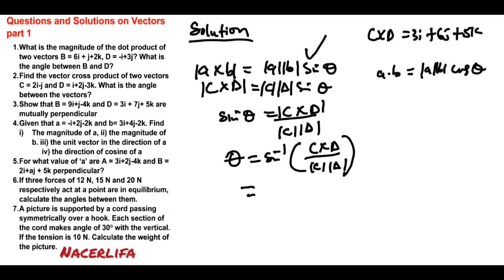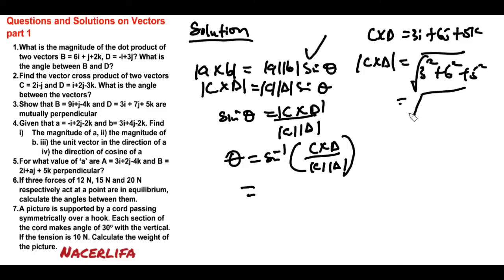So going further, the modulus of the cross product of C and D is the square root of 3 square plus 6 square plus 5 square. So this is 9 plus 36 plus 25.